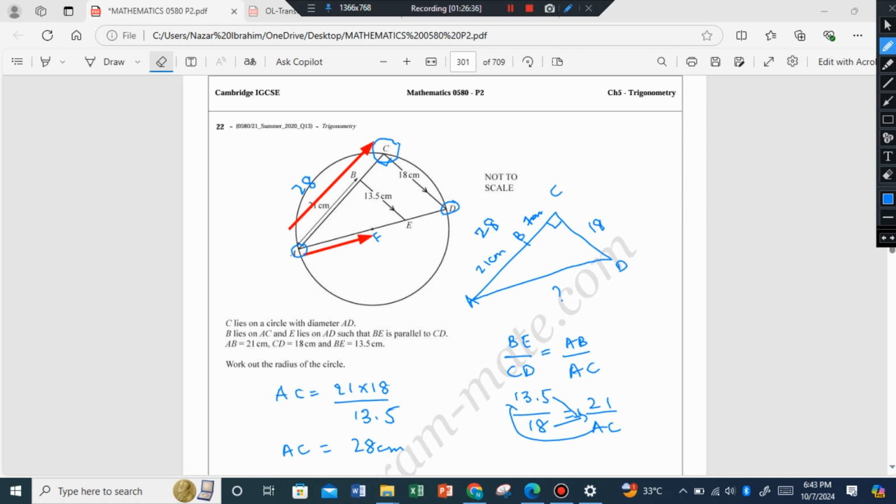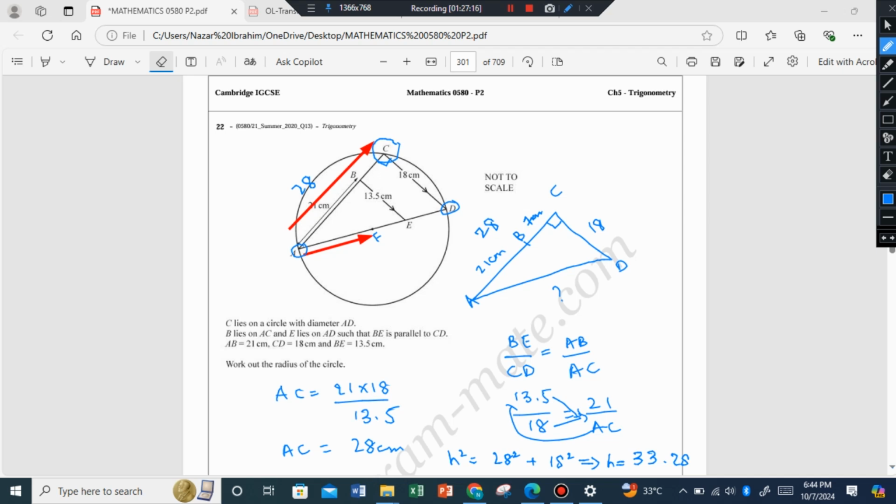Applying the Pythagoras theorem, the hypotenuse is equal to the square root of 28 squared plus 18 squared. Simplifying it by calculator, 28 squared plus 18 squared is giving me 33.28. This is AD, basically the diameter.